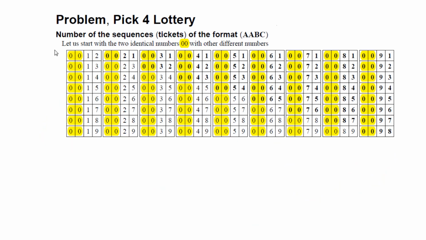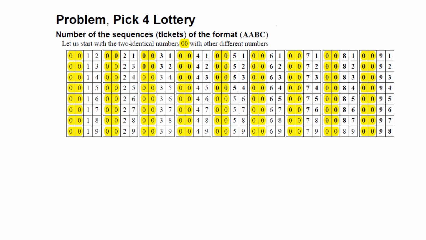Now if we want to make sure about the number of tickets of the format AABC, we can start with 2 identical numbers such as 0, 0 and find all their combinations and then permute them. And again we do that for the 2 identical numbers such as 1, 1, and we do exactly the same thing, and then 2, 2, and then 3, 3 until 9, 9.